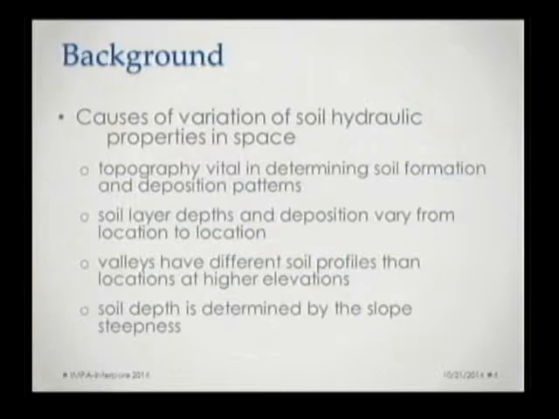Basically, topography is vital in determining the soil formation and deposition patterns. So if you have a thicker soil layer versus a thinner soil layer, then your soil moisture is different. It's also the position along a slope, if you are in a valley versus at the top of a hill.